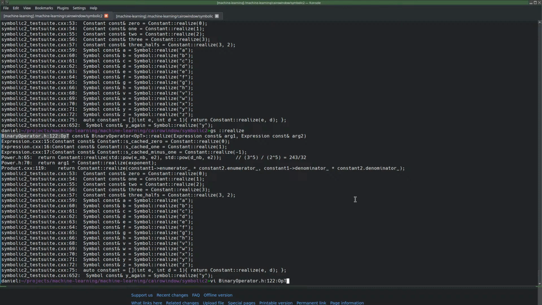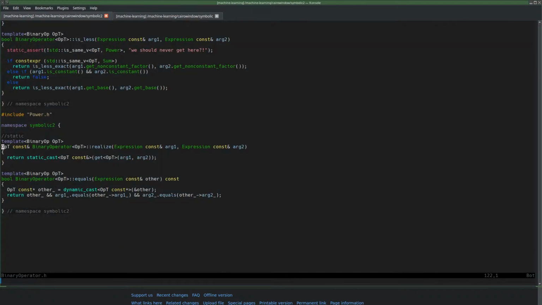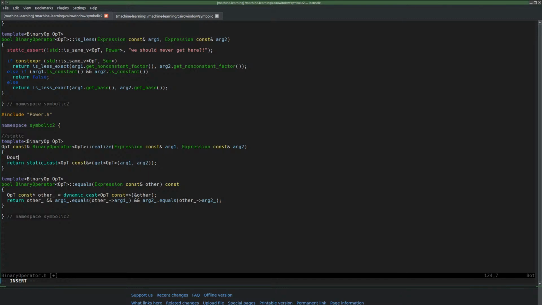Maybe the rest is defined in headers. Shall I print binary operator? Let me think. I think I'll just print opti.